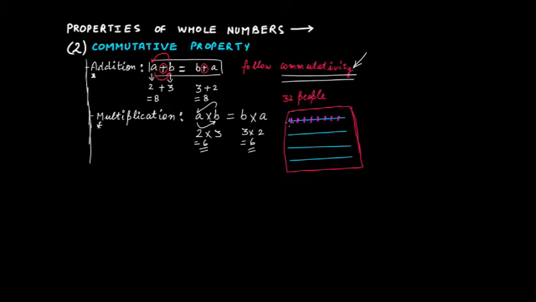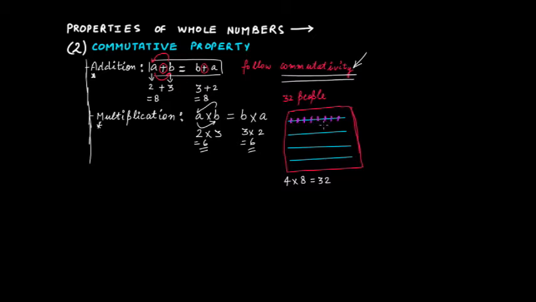Therefore, there were 4 rows, and in each row there are 8 chairs. Therefore, in 4 rows you will have 4 multiplied by 8 is equal to 32 chairs.